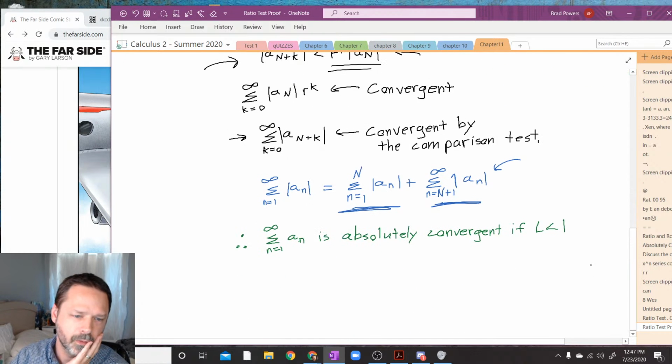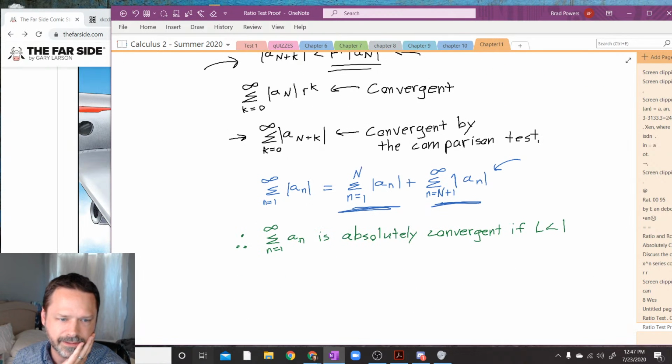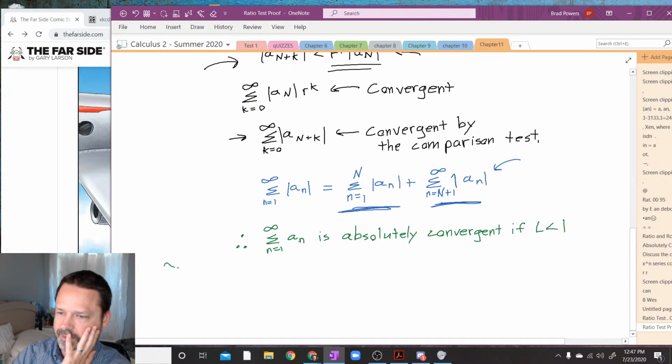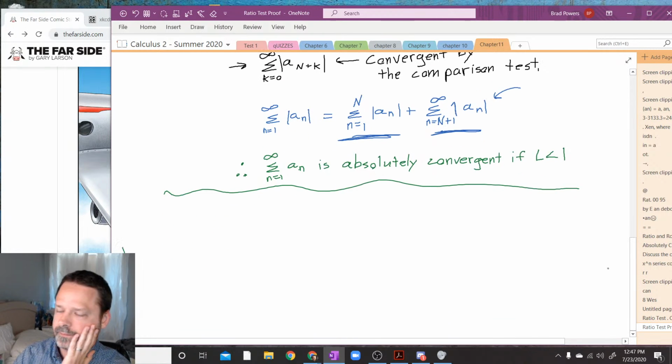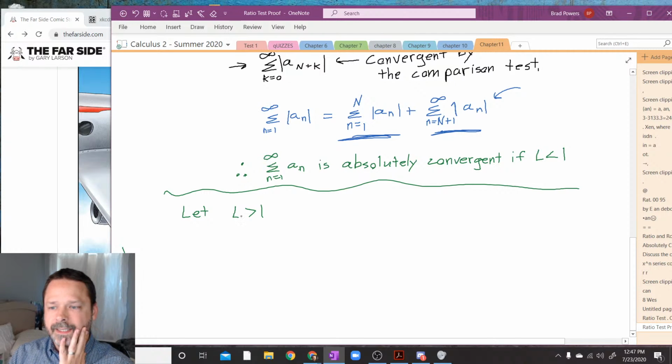Now, what if L is greater than 1? That's the easy part. If L is greater than 1, we're going to have a totally different situation going on. So let L be greater than 1, same L as before.